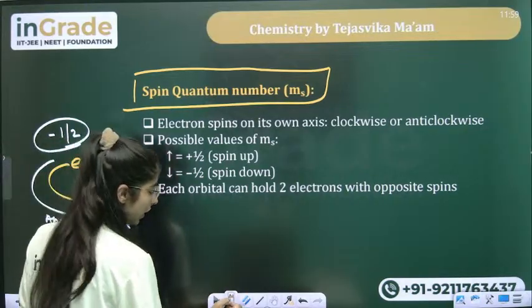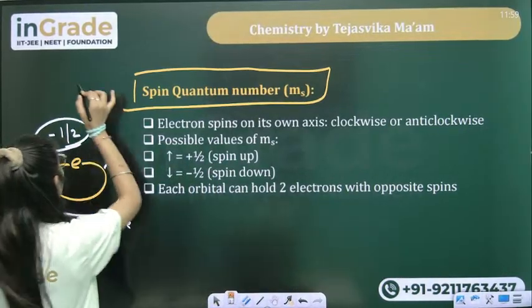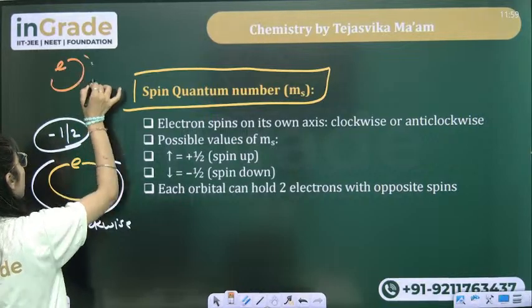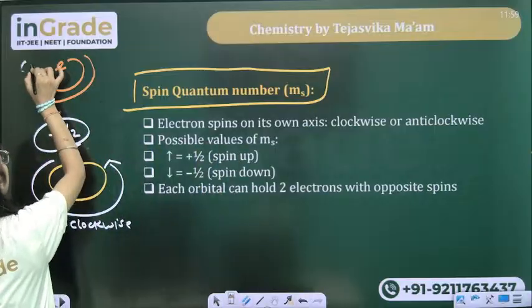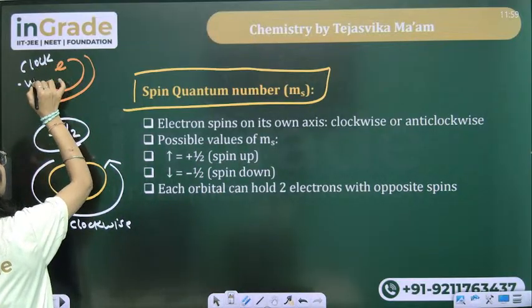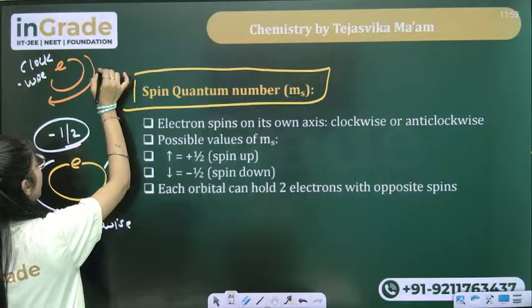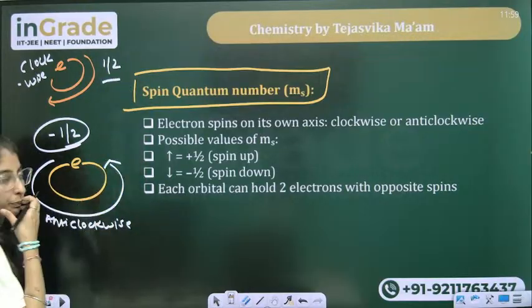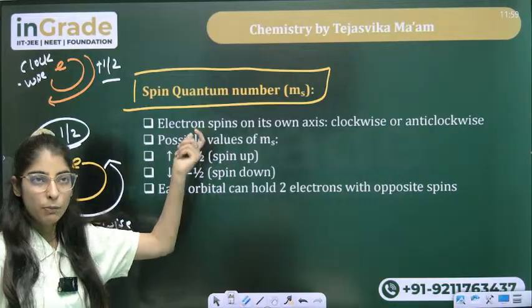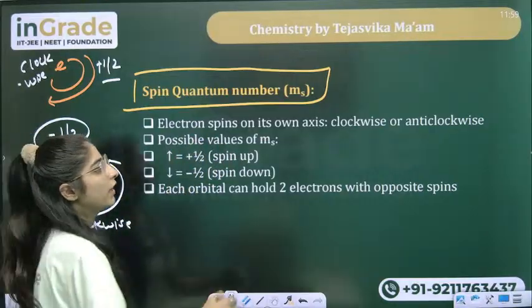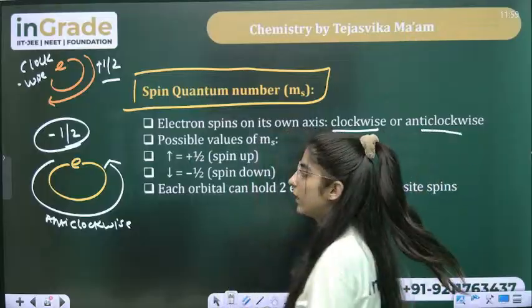And if this electron is revolving in the clockwise direction, then it is represented by plus half. Okay, it is very simple. So electrons spin on their own axis and their direction can be clockwise or anti-clockwise.